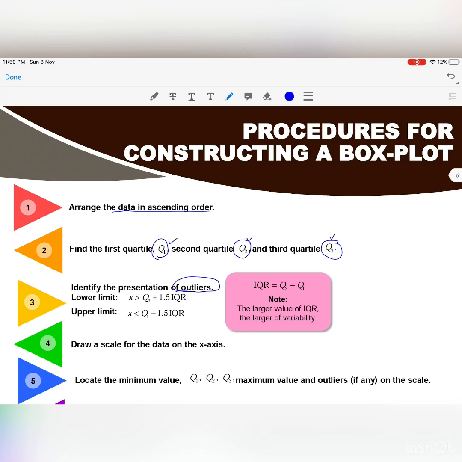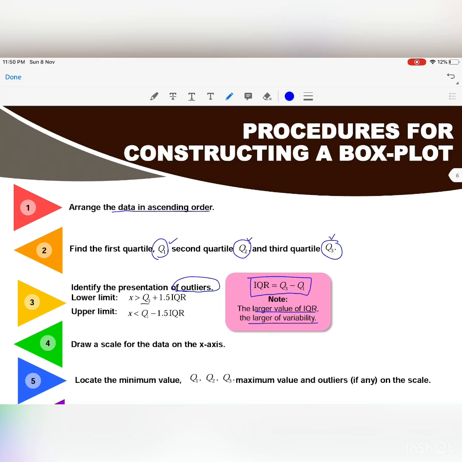So how to identify the outliers? First we need to calculate the IQR using this formula. IQR equals Q3 minus Q1, the third quartile minus the first quartile. Note that the larger the value of IQR, the larger the variability.